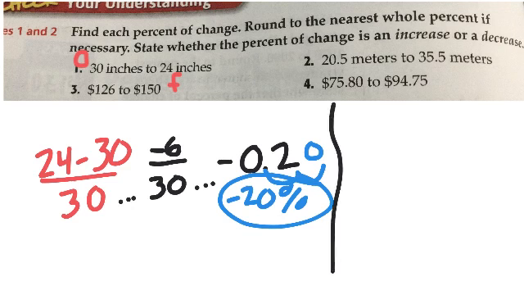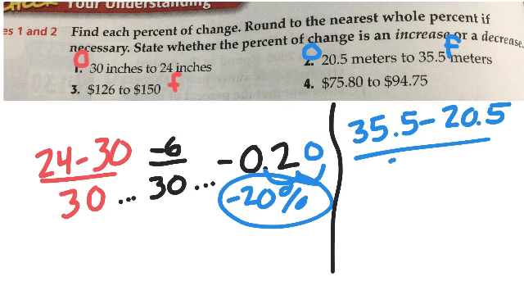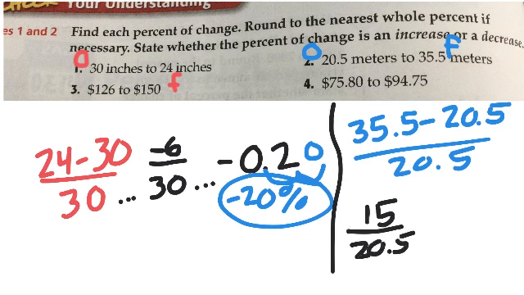So which one's the original? Yep. So when we plug in, we should get final minus original divided by original. So 35.5 minus 20.5 gives us 15 over 20.5.